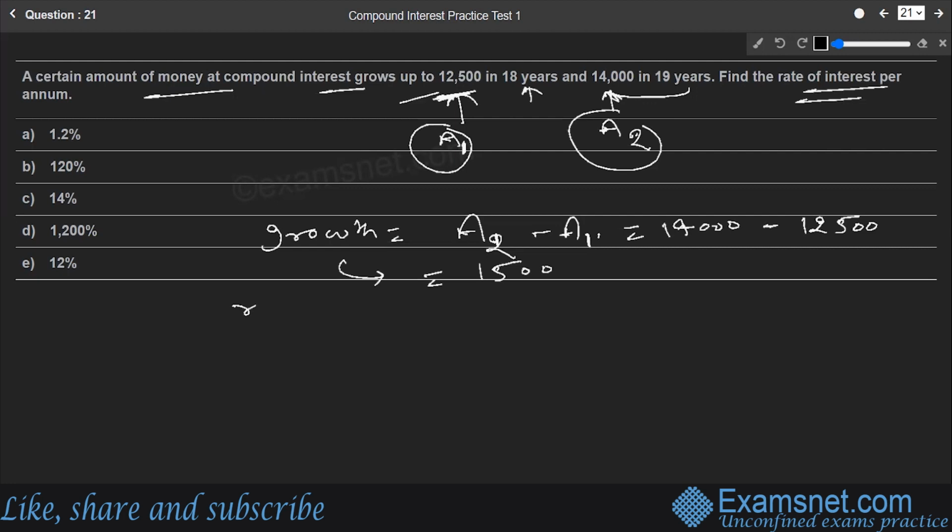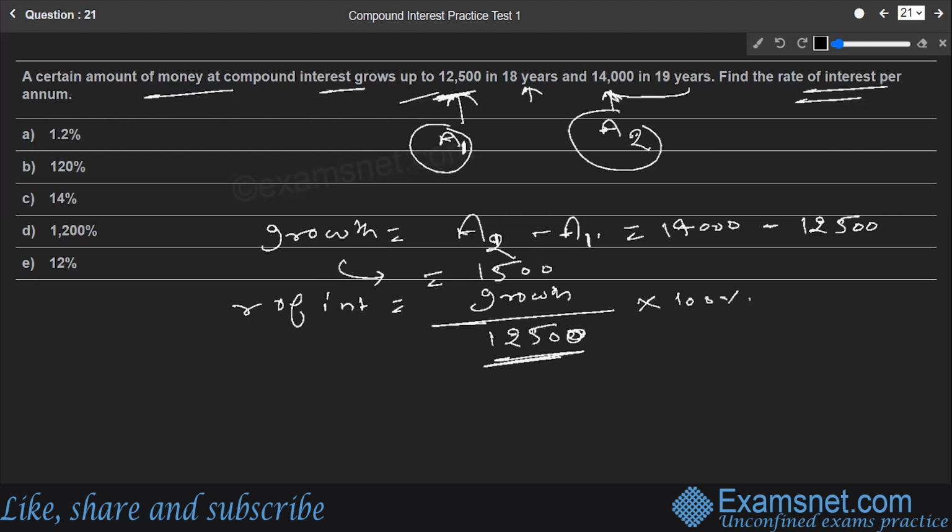So the rate of interest per annum will be nothing but the growth value over the previous value. So the previous value was 12,500. Because this growth has happened after 12,500, the percentage of growth should be calculated over 12,500 only. That's why the denominator of 12,500 is taken, multiplied by 100.